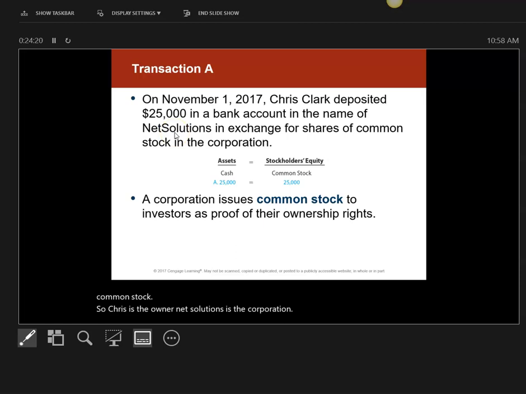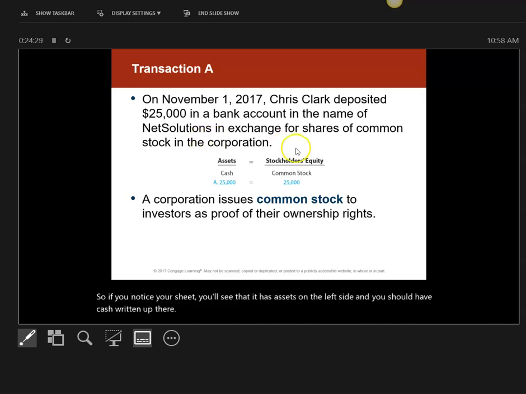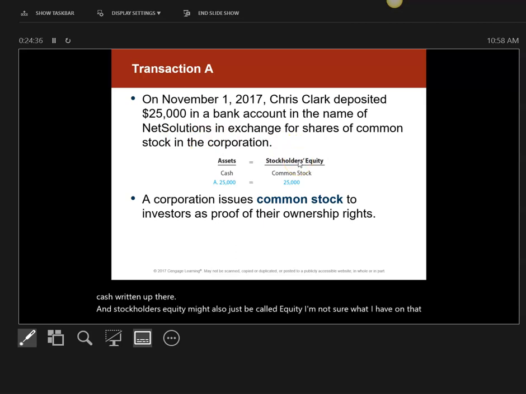On your sheet, you'll see assets on the left side, and you should have cash written up there. Stockholders' equity might also just be called equity. I think on the sheet it's called capital stock, though I say common stock here.